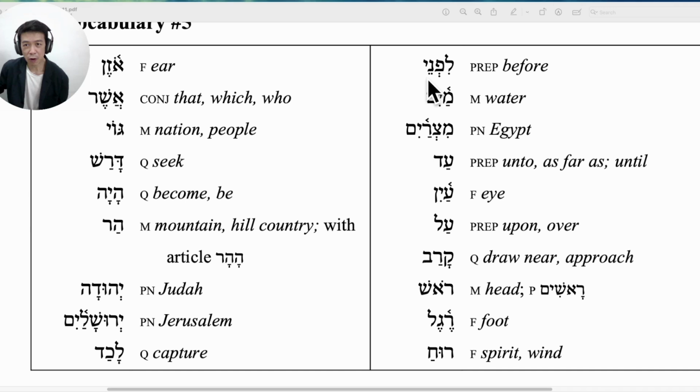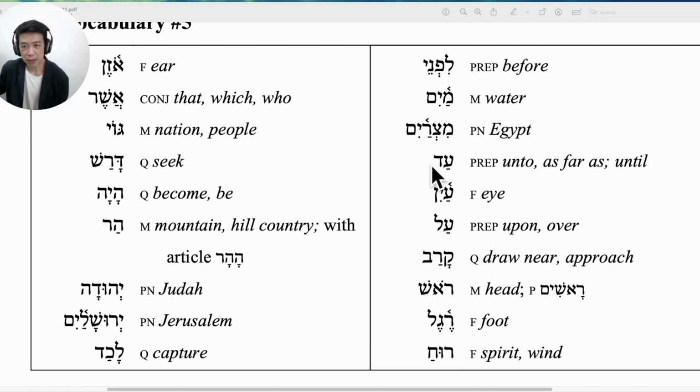It means before. It's pronounced as lifnei. The next word is water. It's pronounced as mayim. The next word is Egypt. It's pronounced as Mitzrayim.